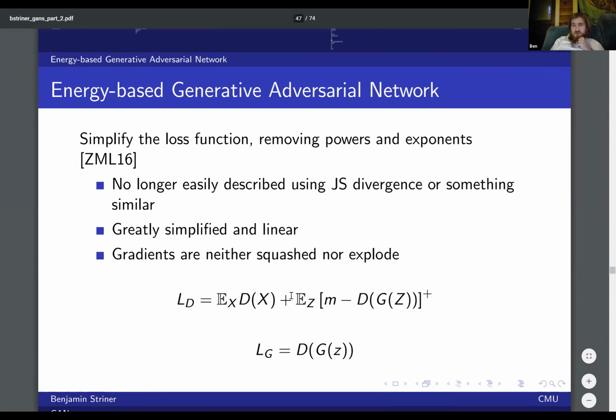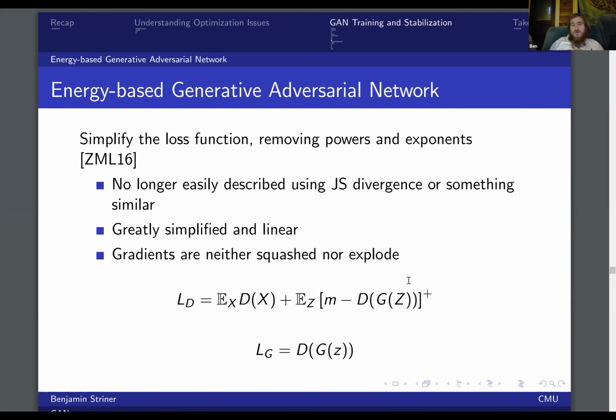Your discriminator should be a big number for real, and it should be a small number for fake. Instead of optimizing the log of the discriminator output and 1 minus the log of the discriminator output, you're trying to optimize the discriminator output and the negative discriminator output. They don't squash as much, they don't explode as much. We're just linearizing what we're doing.